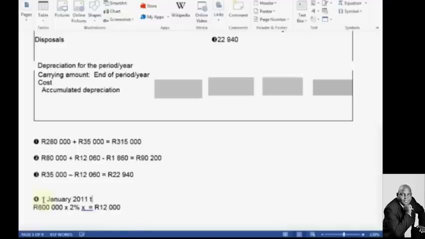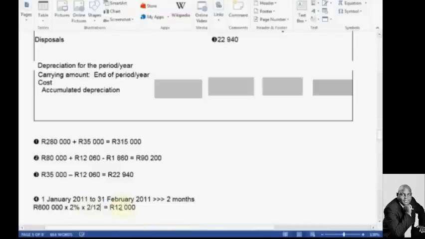1st of Jan 2011 to the 31st of Feb 2011, which gives me 2 months.